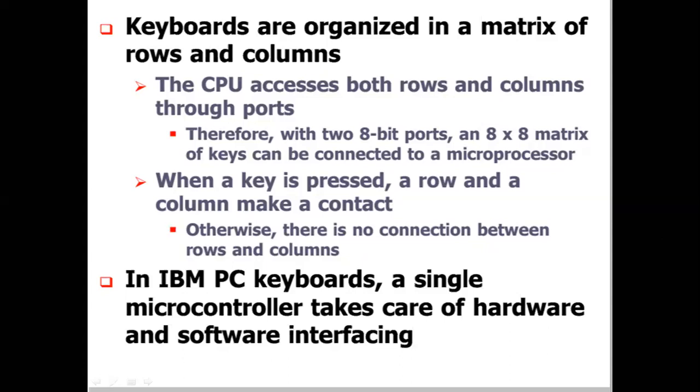One port acts as an output port and another port acts as an input port. When a key is pressed, a row and column make contact, and the signal is passed to the microcontroller. The microcontroller understands that the particular key is pressed.